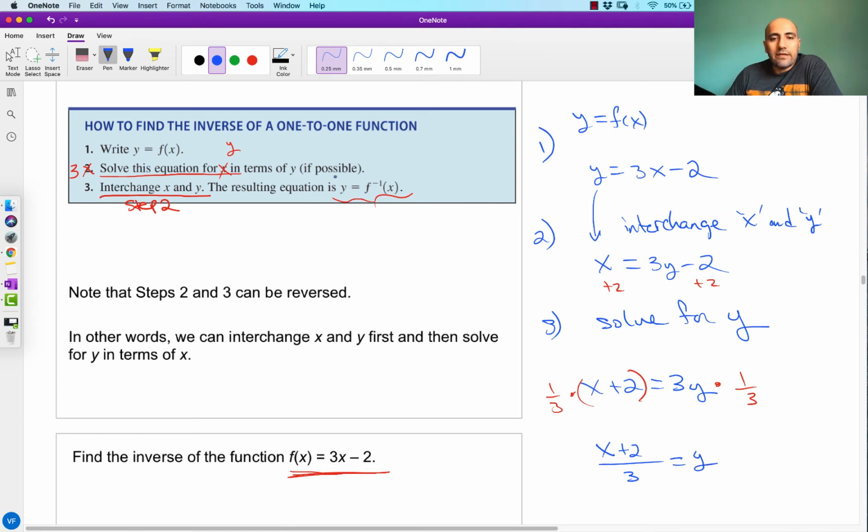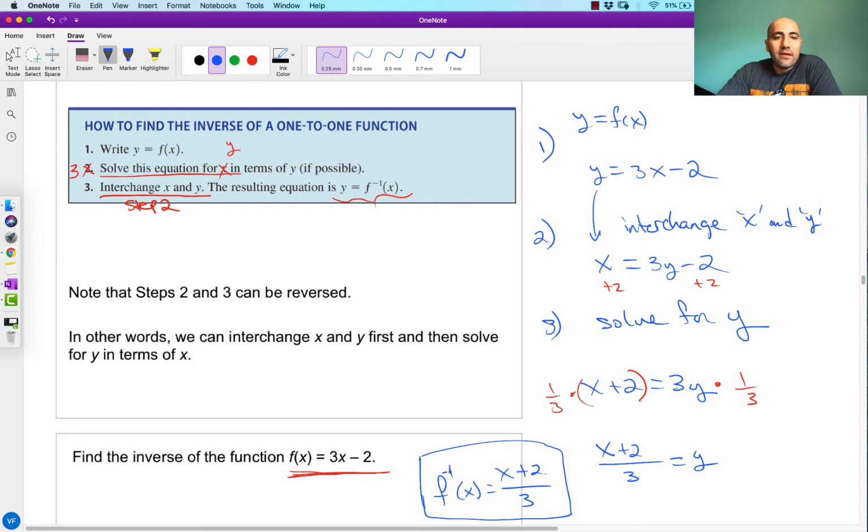And then finally, once you've solved for y, that means that is your f inverse function in terms of x. So that's the last step here, to recognize that it must be that f inverse of x is x plus 2 over 3. That's how we can find the inverse function of that function.